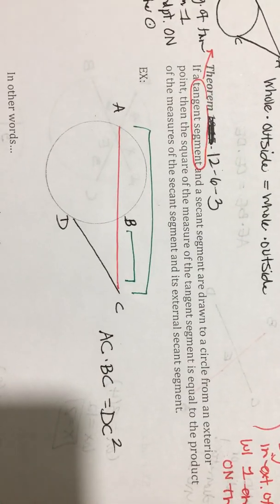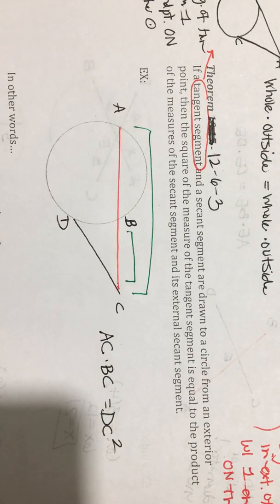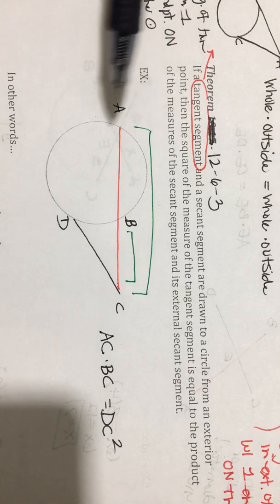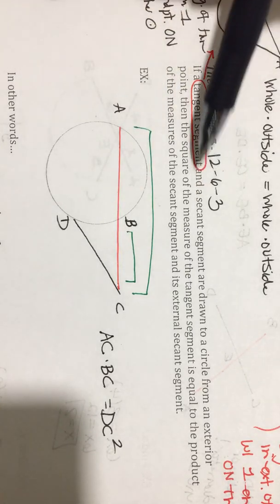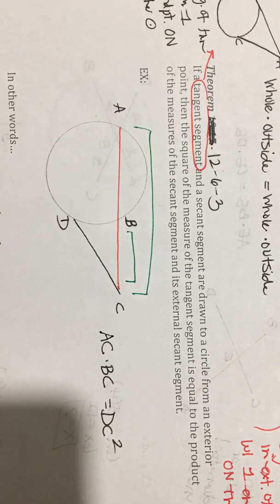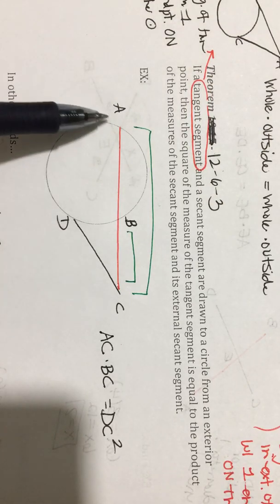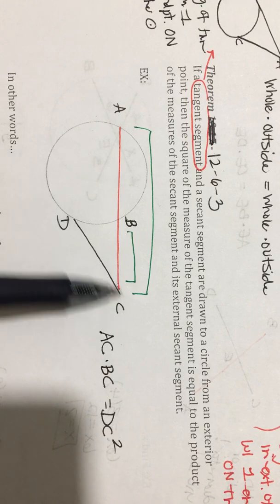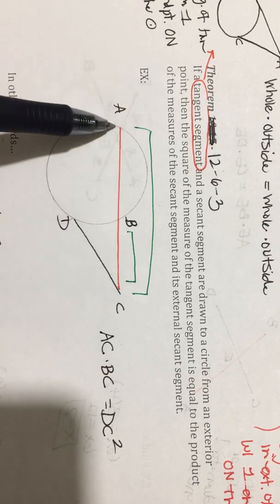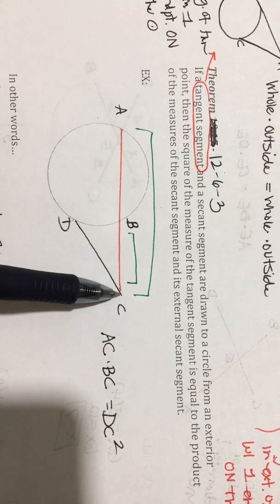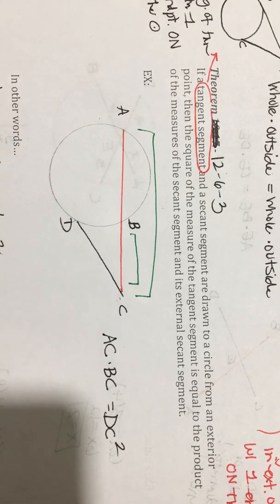The next theorem says virtually the exact same thing, except the picture looks different. It says if a tangent segment and a secant segment are drawn to a circle from an exterior point. So we have tangent DC, remember it intersects a circle at one point. Secant AC intersects a circle at 2 points. They both come from C, a point exterior to the circle.